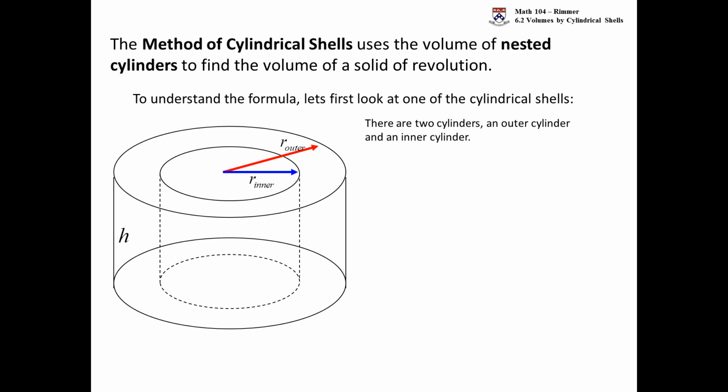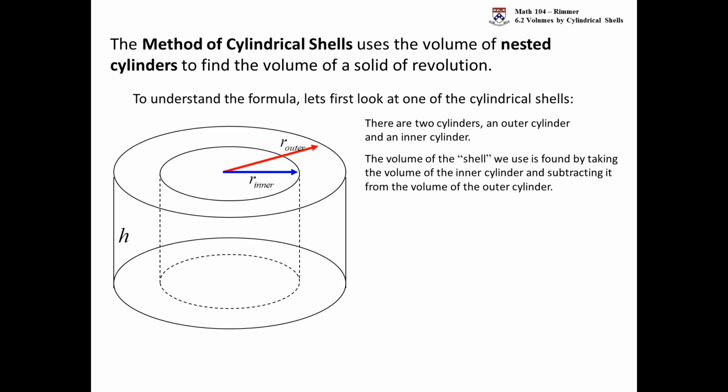The shell could be found basically by taking the volume of the outer shell and subtracting from it the volume of the inner shell, the inner cylinder, sorry. The volume of the outer cylinder minus the volume of the inner cylinder will be the volume of the shell.